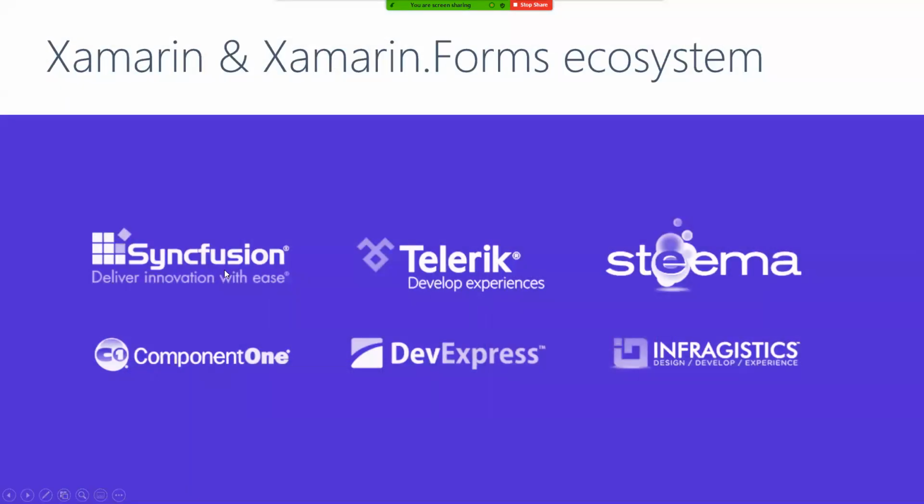Okay. So one thing you might be familiar with if you are a WPF or a UWP developer or ASP.NET web developer is that we have amazing .NET third-party vendors in our ecosystem that create beautiful looking controls for us to take and put in our apps.